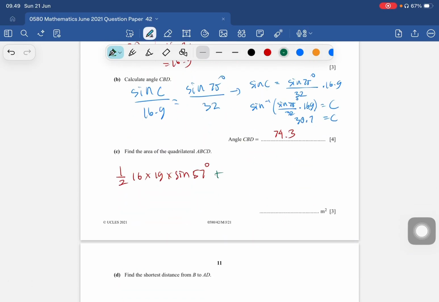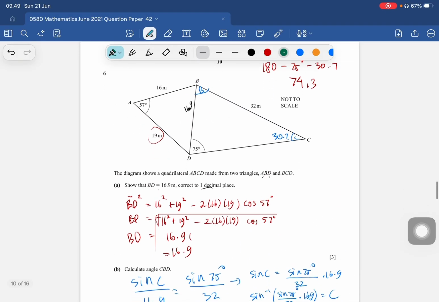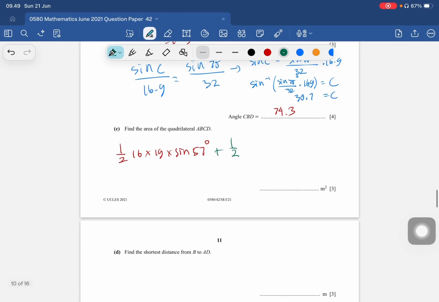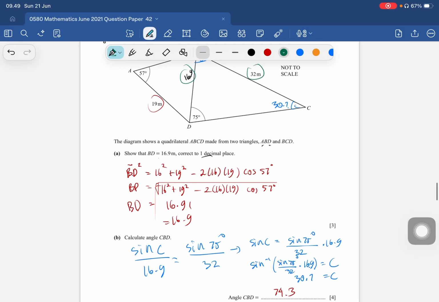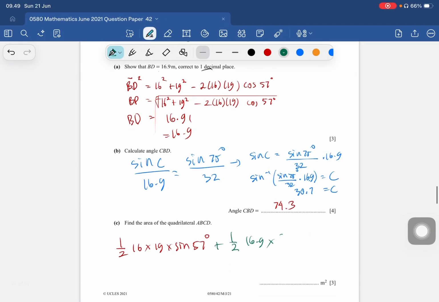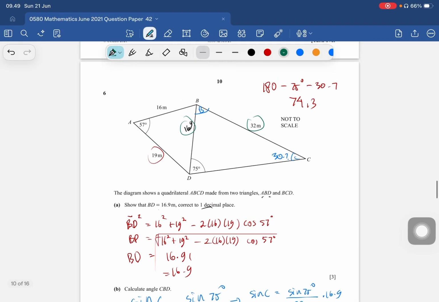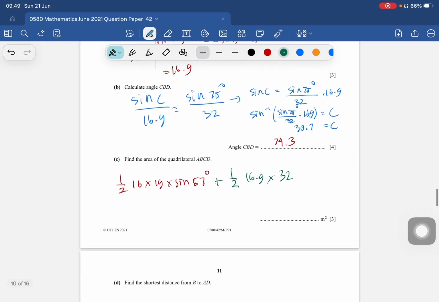So for the other triangle, the area is a half of base. Base we can use here as 16.9, multiplied with 32, and this angle that we found, which is 74.3.